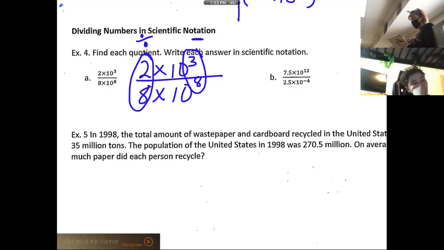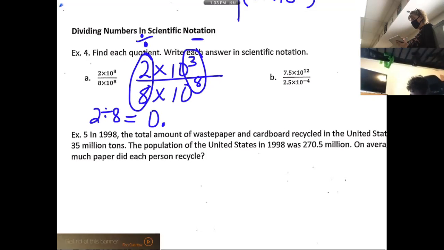So we have 2 divided by 8. What is 2 divided by 8? Not in fraction form, put it in decimals. .25, right?